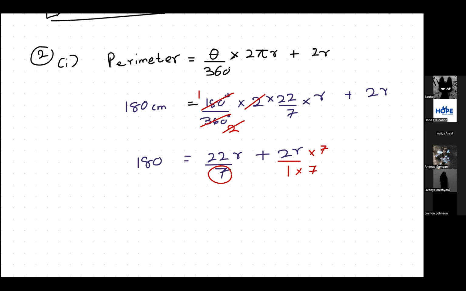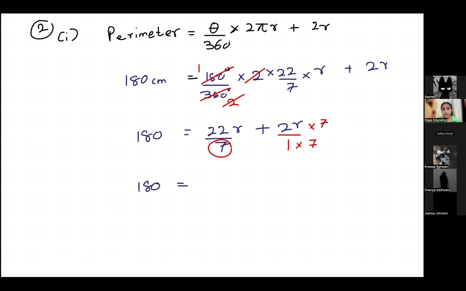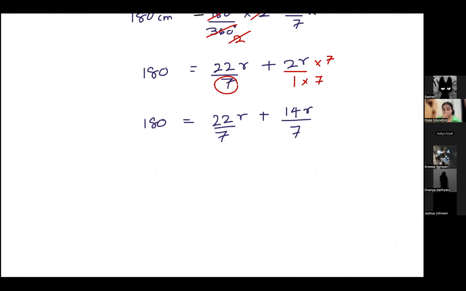Okay? So what I have is 180 on this side. Equals, here I have 22 over 7r. Here I have 2 times 7 is 14. So 14r divided by 7. 1 times 7 is 7. Now we have common denominator.